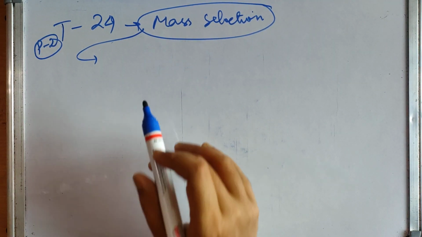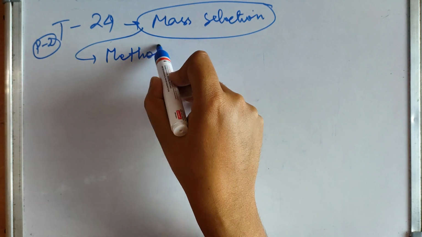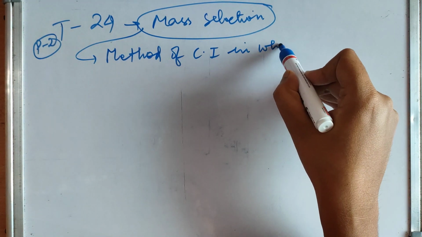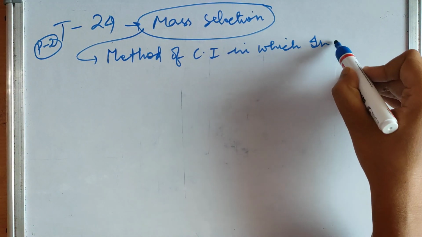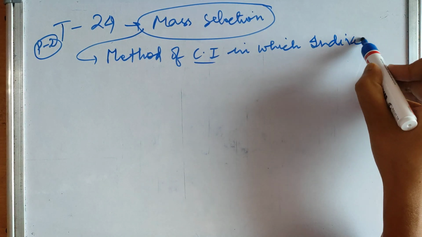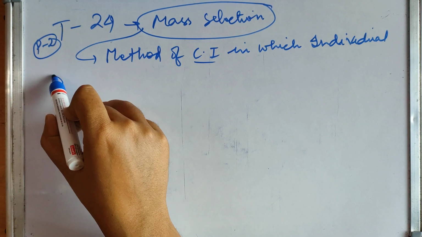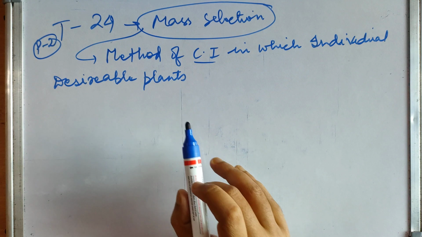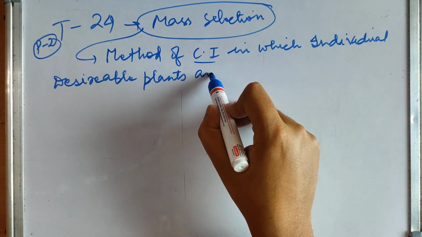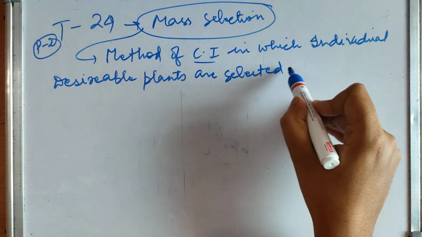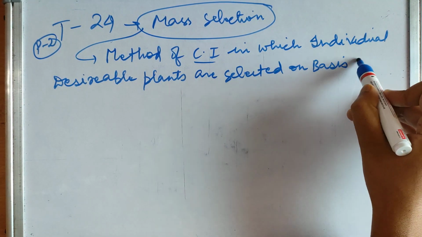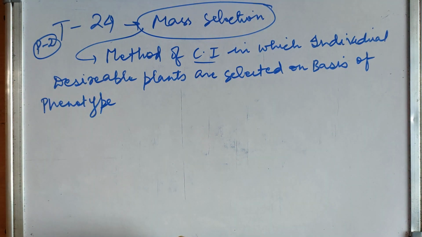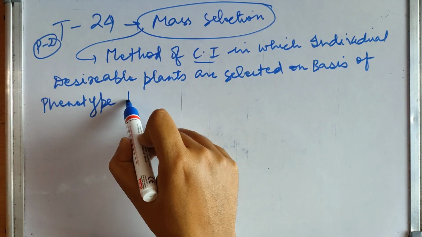It is a method of crop improvement in which individual desirable plants are selected on the basis of phenotype from a mixed population.